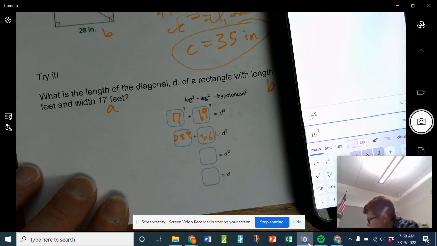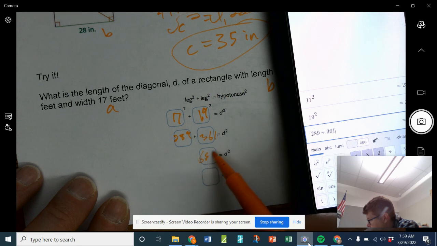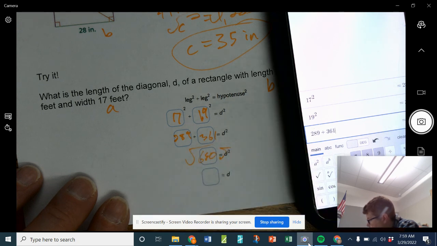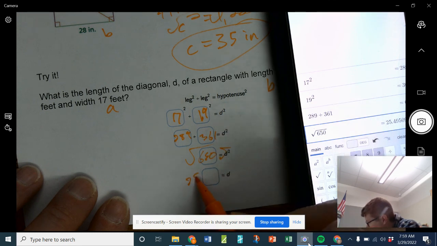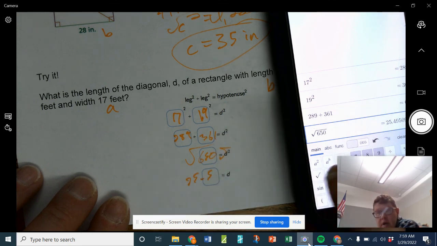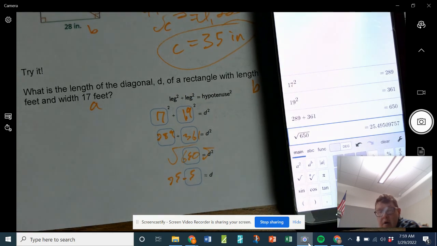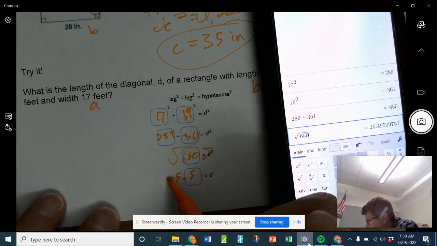Add them together. 289 plus 361 gets us to 650. And then we square root on both sides. Gets us to 25.5 for our answer right there, 25.5.